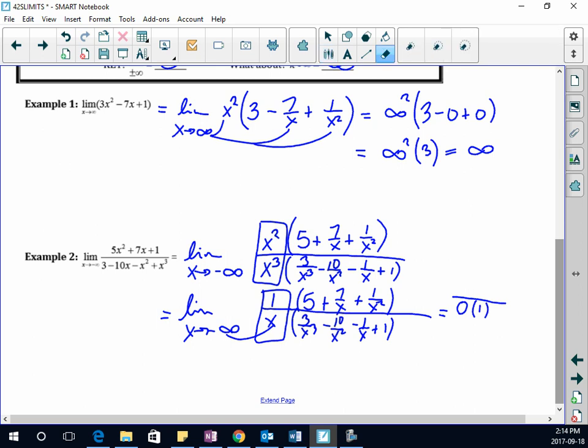Sorry, the 0 is not on the bottom, the 0 is on the top. So 0 times this bracket is going to be 1 on the bottom. And what do I get here? 5 plus 0 plus 0. So I get 5. And 0 times 5 is just 0.